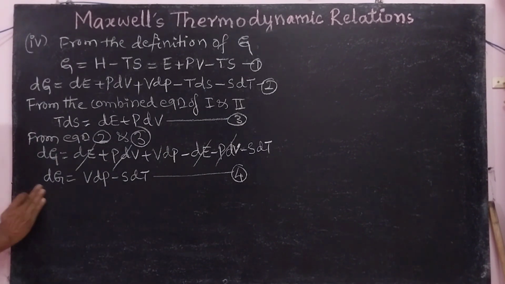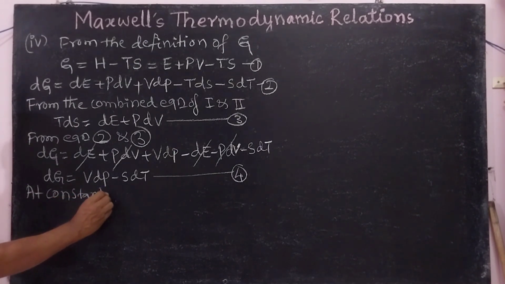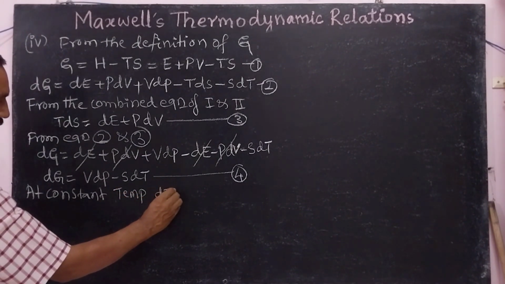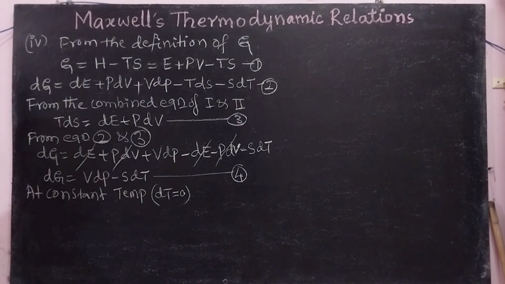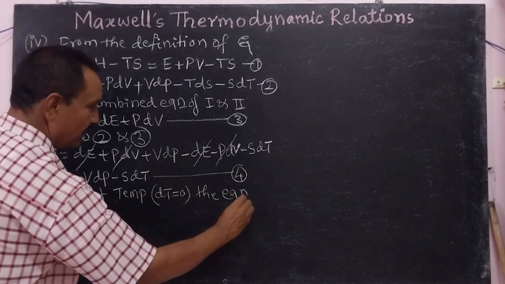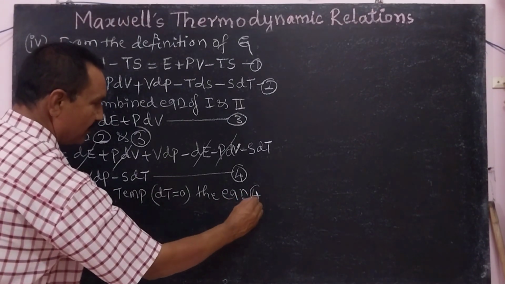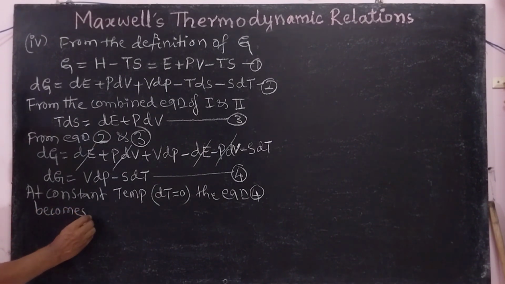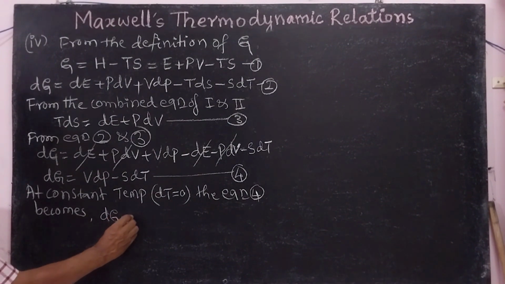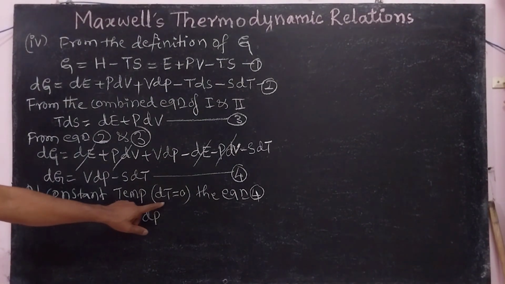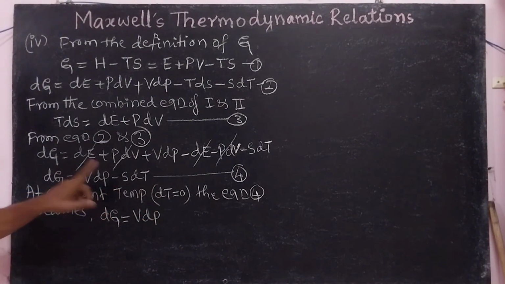At constant temperature, dT is equal to 0, then equation 4 becomes dG is equal to VdP. When dT equals 0, this term disappears.